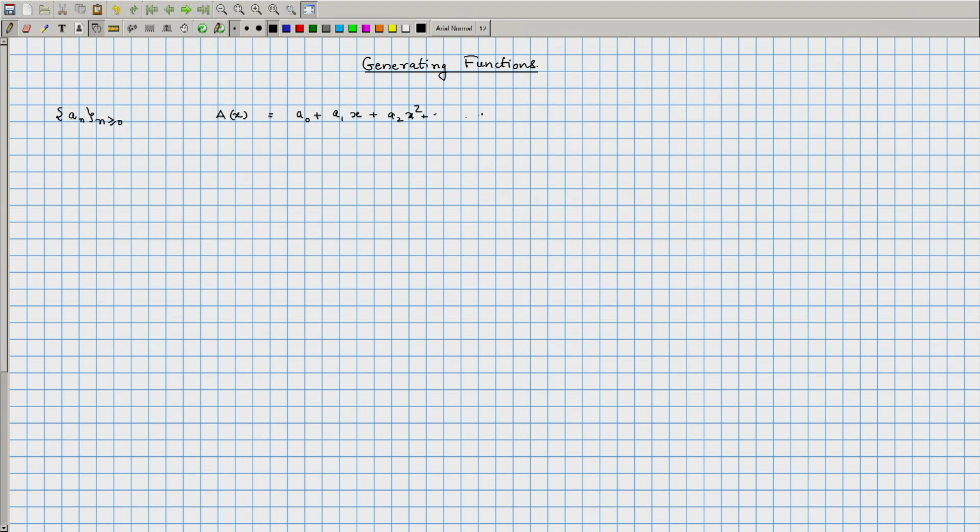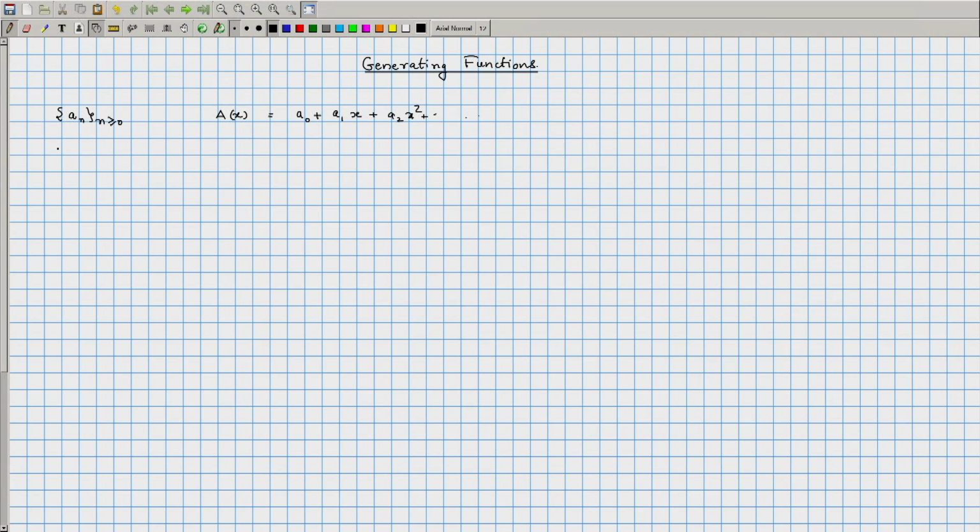So, we saw an example where we looked at a sequence coming out of some combinatorial property, computed its generating function and used the generating function to obtain a closed form solution for the nth term of the sequence. So, today we will look at combining generating functions.